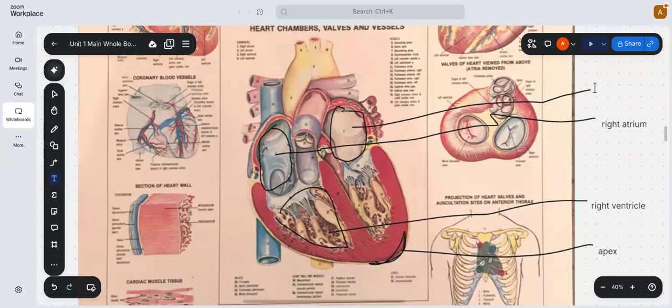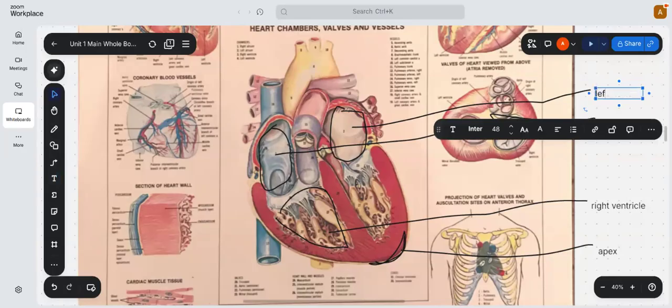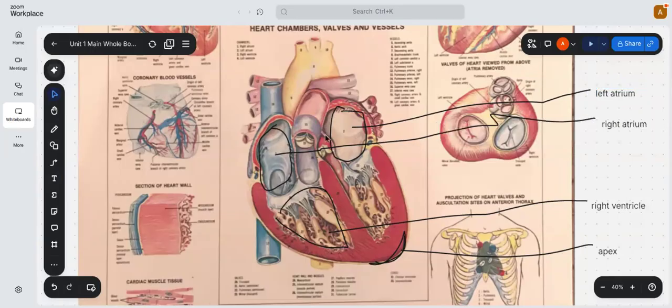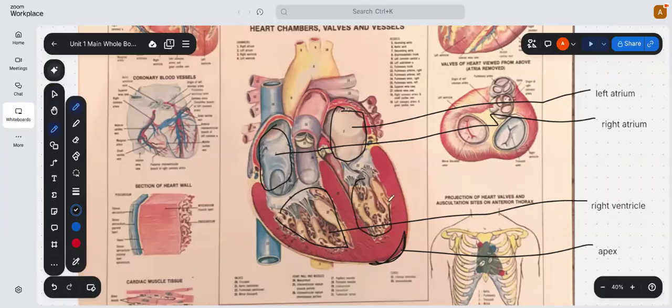And the left atrium basically is going to receive oxygenated blood from the lungs. So the right side is going to be deoxygenated blood, and then the left side is going to be oxygenated blood. And now, right below it, same as on the right side, below the atrium, you have your left ventricle.